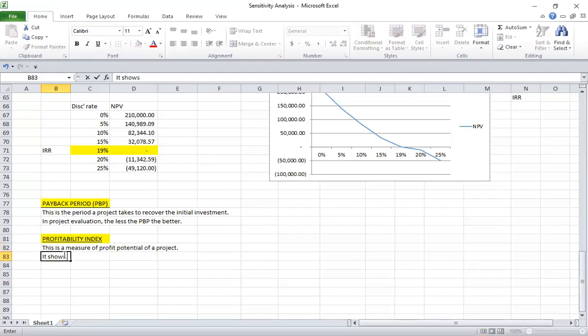It normally shows us the profit to be made for every coin invested, for every coin invested where? In the project. It shows us the profit to be made for every coin that you invest in a project.